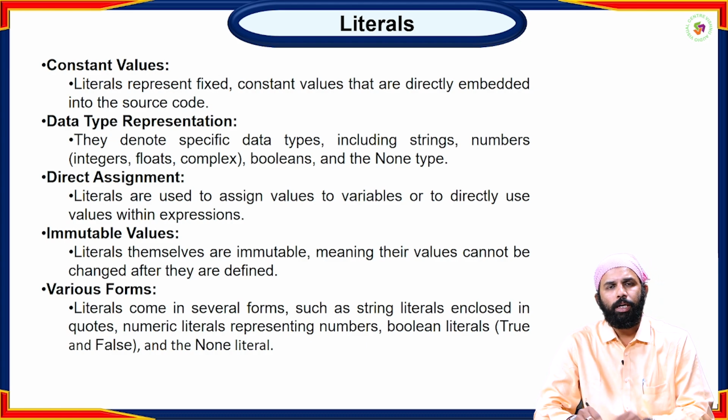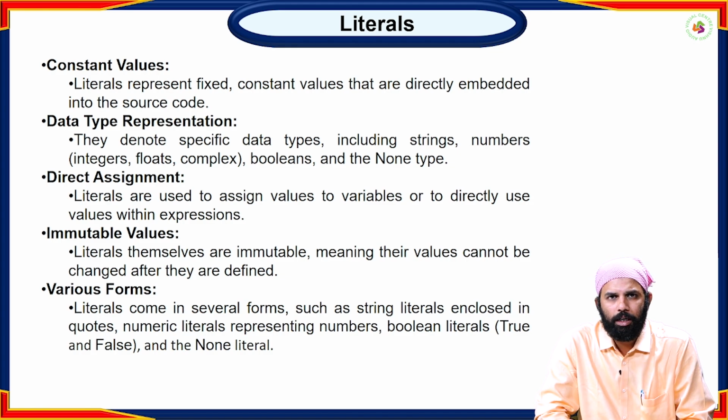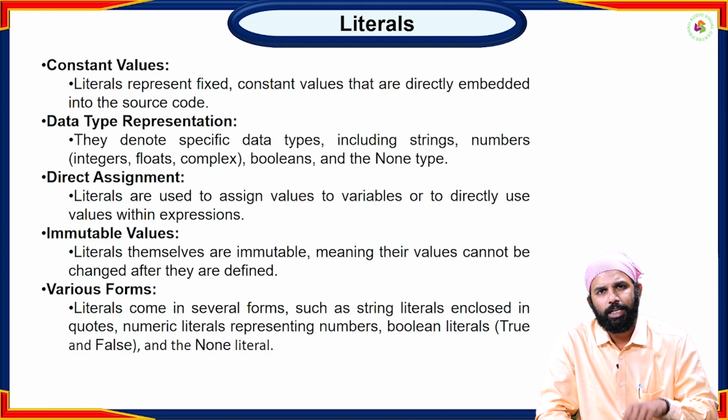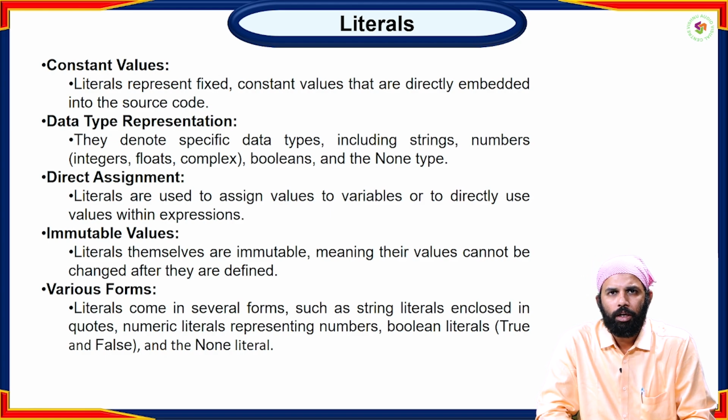They are directly used values in an expression, or they are assigned directly to a variable or in functions. We are allowed to give them as direct values or assigned values to identifier names. They are immutable values. Immutable here means that their meaning cannot be changed.